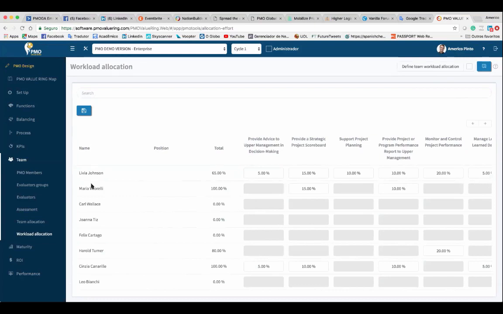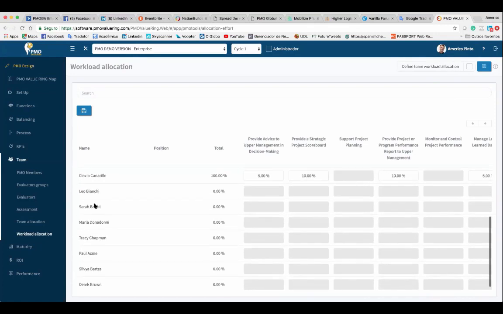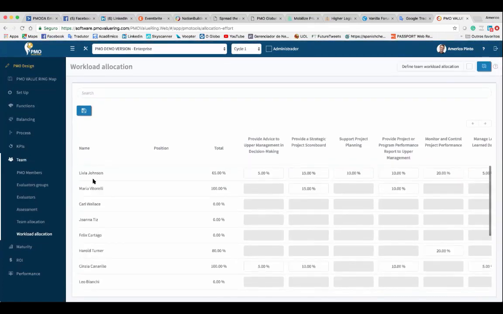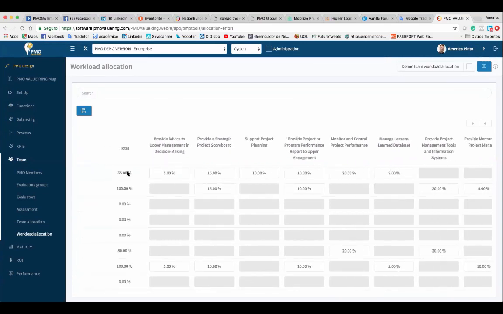at our first column, we have all members of the PMO, okay? So we have Livia, Maria, Carl, Joanna, all of them are members of our PMO. This column here, total, will show you if your member is over-allocated or not. Over-allocated means too much work and not enough time.